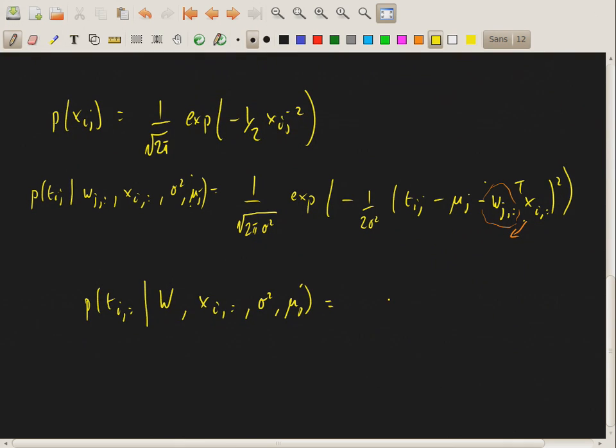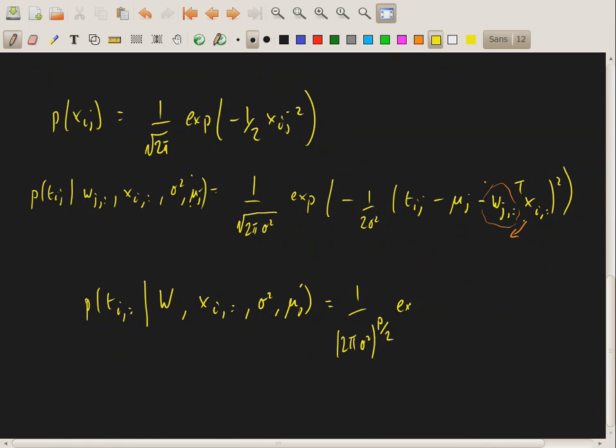The product of these guys means that at the front we get to the power of p, which was the dimension of our data coming out here. So that becomes 1 over 2 pi to the p over 2. You've seen that several times before.